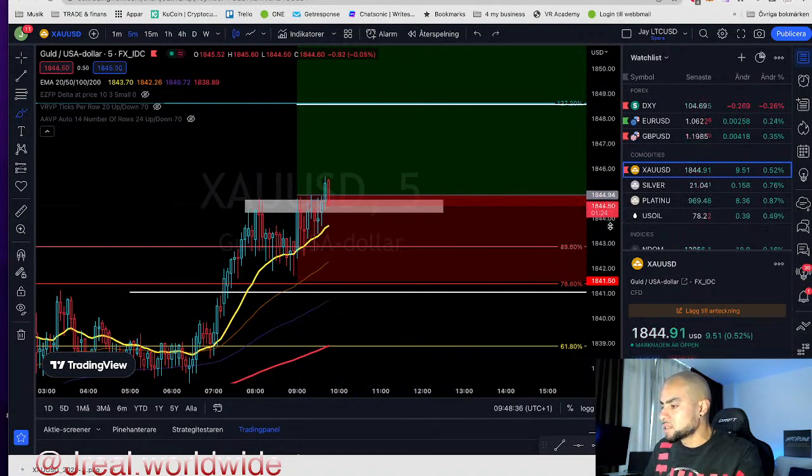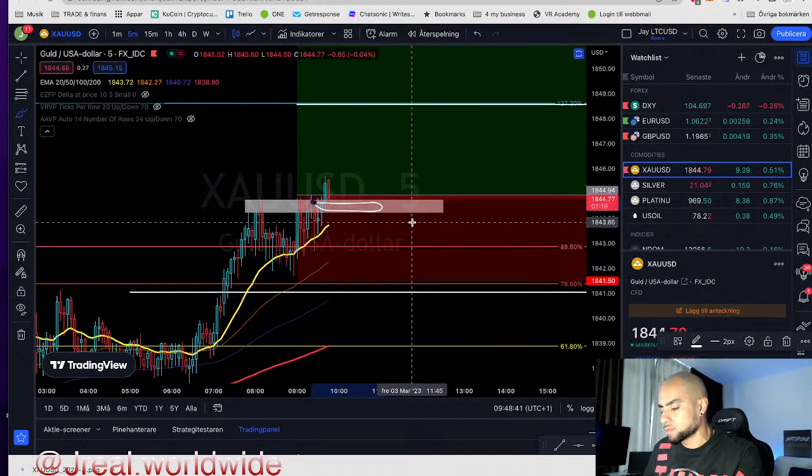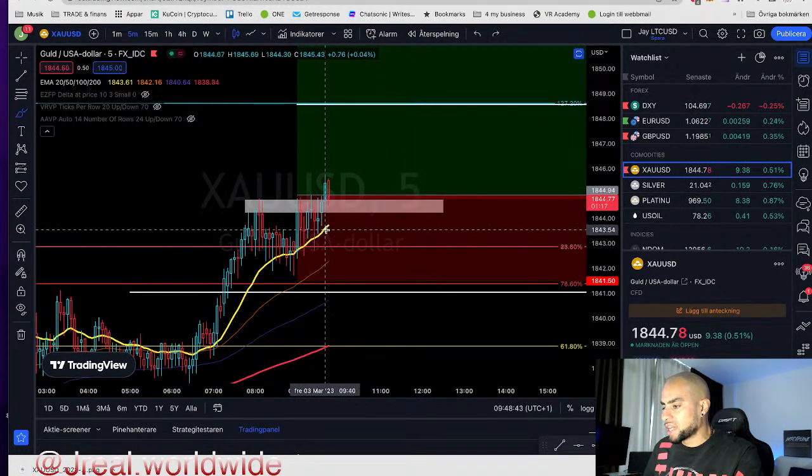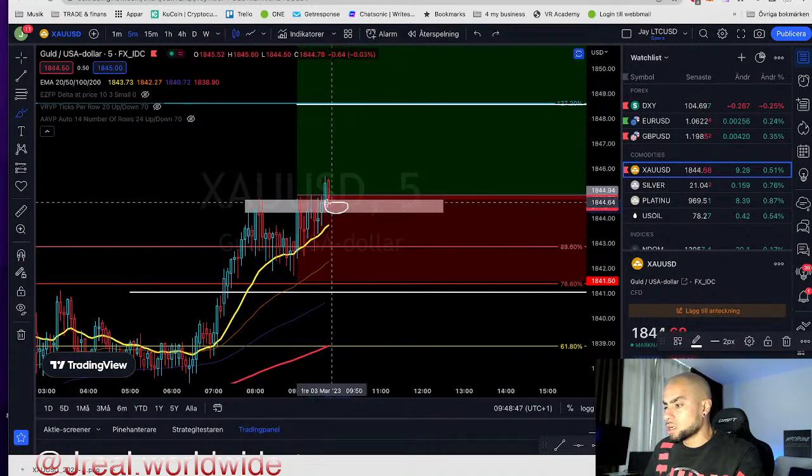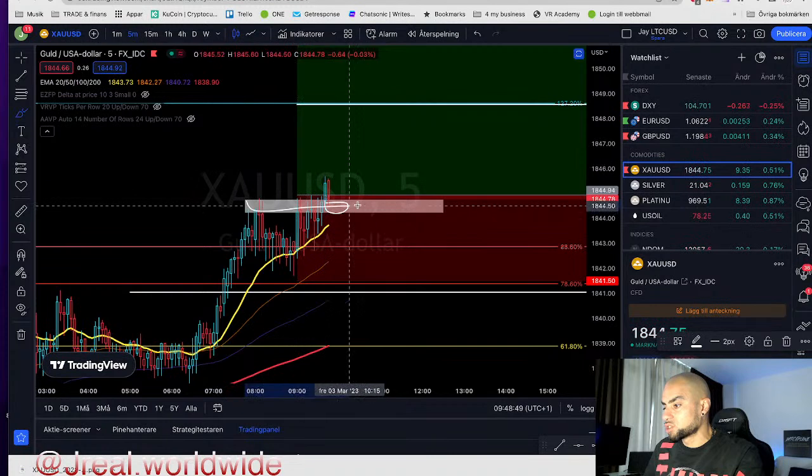So we have 1 minute and 20 seconds left on this one. Let's see if the support holds. Another support that is coming up is the 20-day EMA. So it's going to confluence perfectly with this support zone.